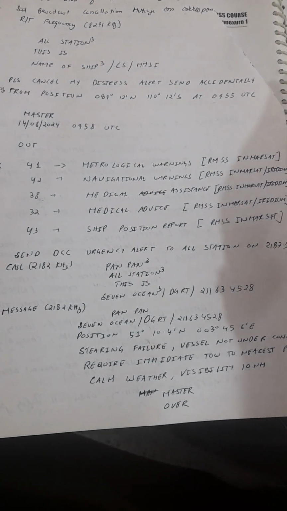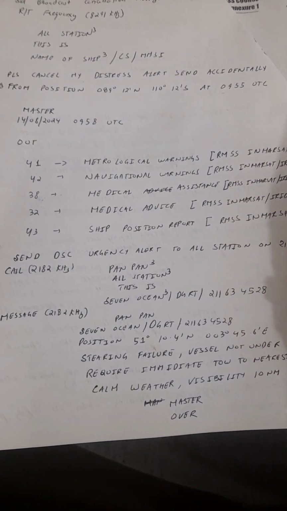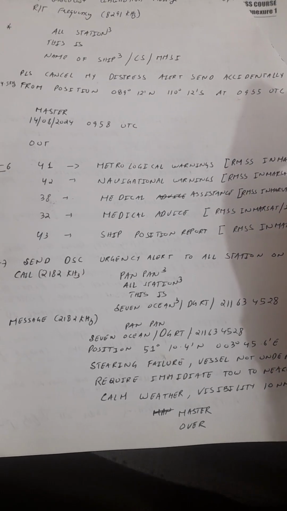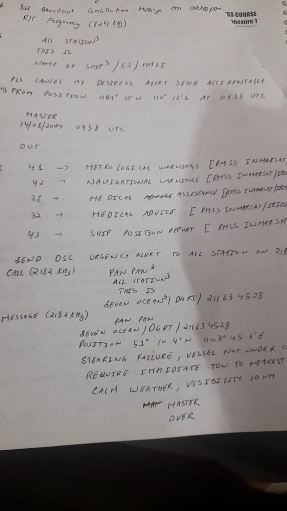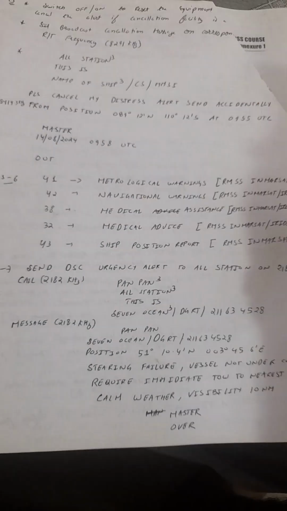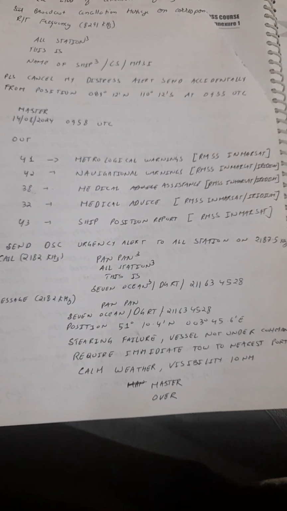I remember that some of our friends got confused whether 41 is nav or 42 is met. So I remember it like this: in the alphabet A to Z, M comes before N, so 41 comes before 42. So 41 is meteorological warnings and 42 is navigational warnings.